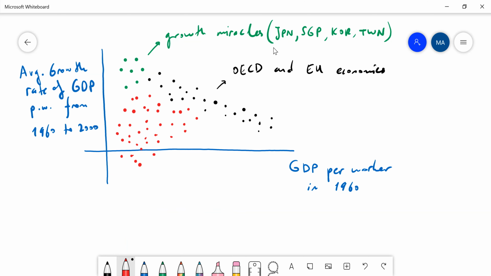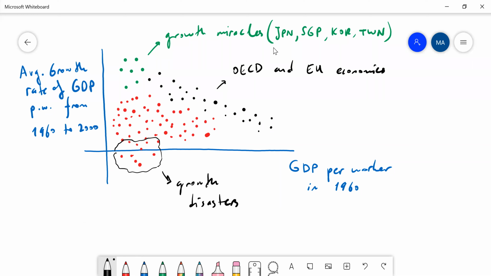And some countries actually record negative long-run growth rates. Now these ones with very low growth rates are growth disasters. So we observe in the very long run a huge variation in growth rates.